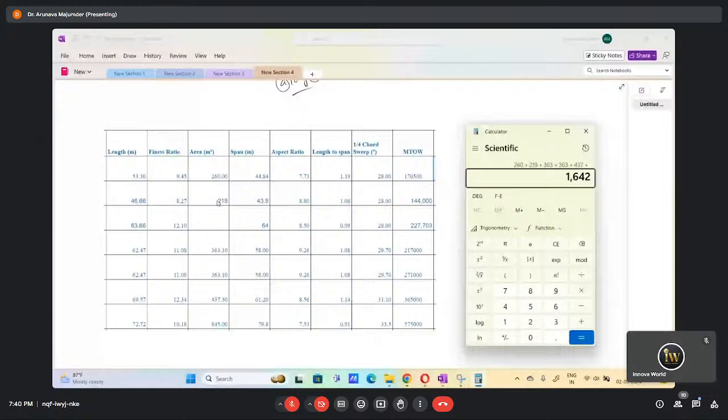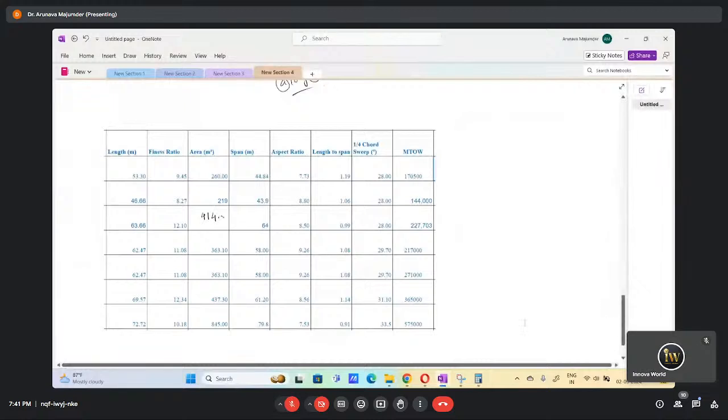And how many are there? 1, 2, 3, 4, 5, 6. So it is 414.5. You can use this technique to clean the data set.